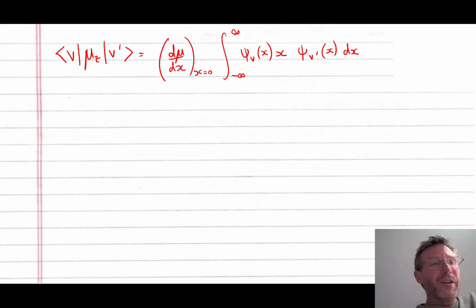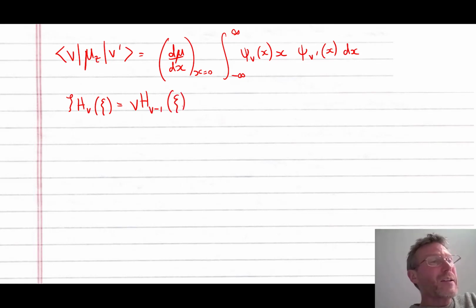In our recursion formula, we had xi times hv of xi equals v times hv minus 1 of xi plus 1/2 hv plus 1 of xi.